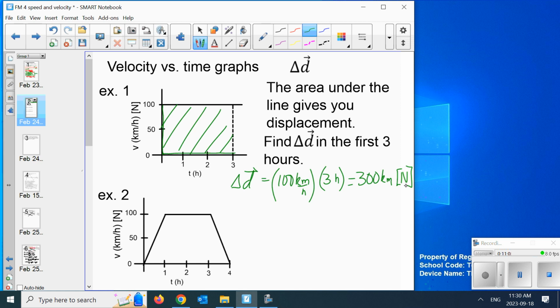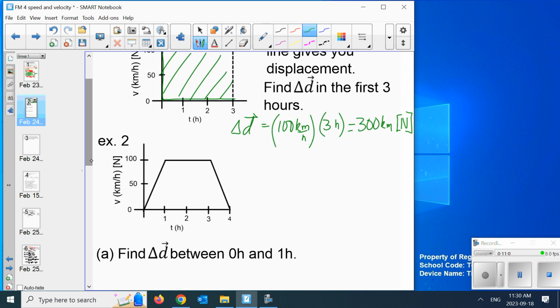Okay. Now, example 2. Here's one where we can't just look at this and tell what the displacement is. We do have to use areas in this case because it's not a constant velocity. I'm going to divide this up into 3 chunks, and you are too.